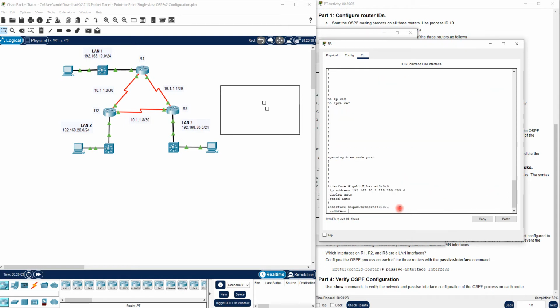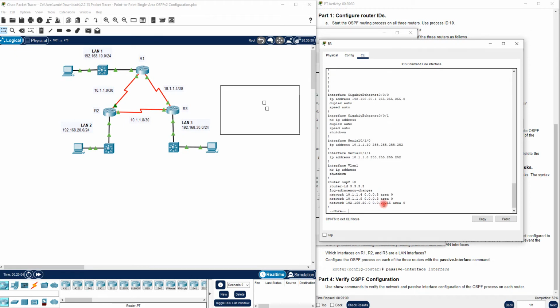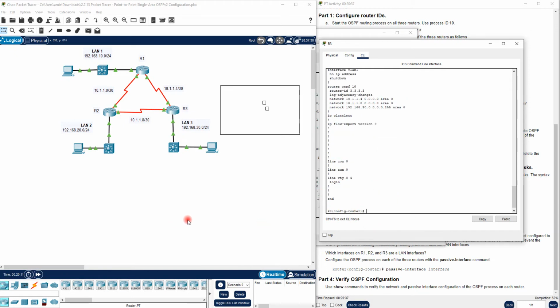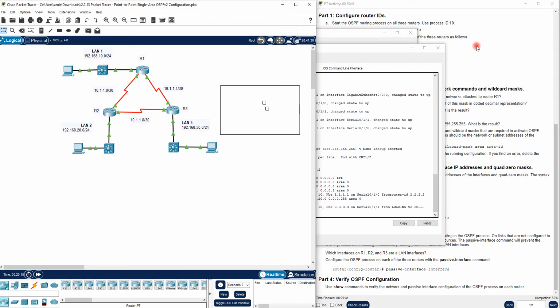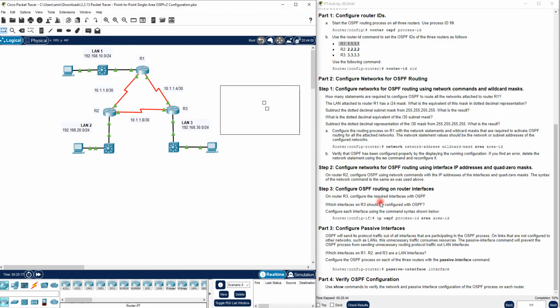Do show run, and you can see you have written these 3 networks here. Is it right or not right? Okay, you should edit. And we have done it, all of them, for router 1, router 2, and router 3. We have configured the networks.